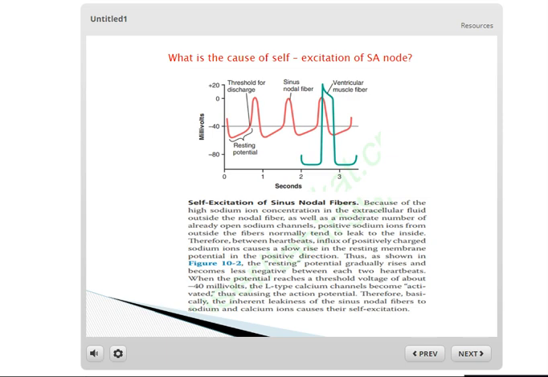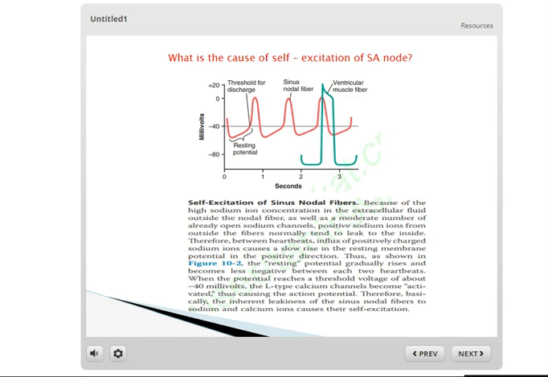In the SA node, the resting membrane potential is around minus 55 to minus 60 millivolts. As the funny current slowly depolarizes the membrane potential, it reaches a threshold of around minus 40 millivolts. At this threshold potential, the L-type calcium channels in the SA node open, allowing a slow influx of calcium ions.